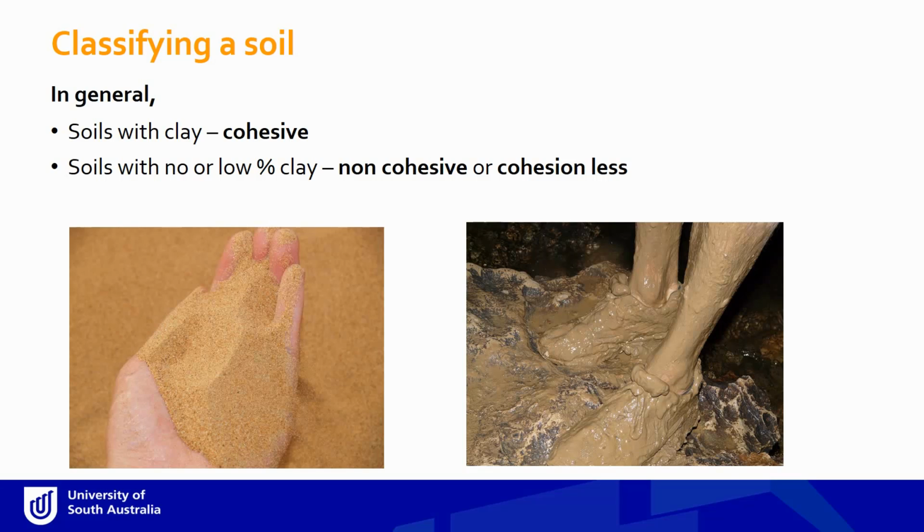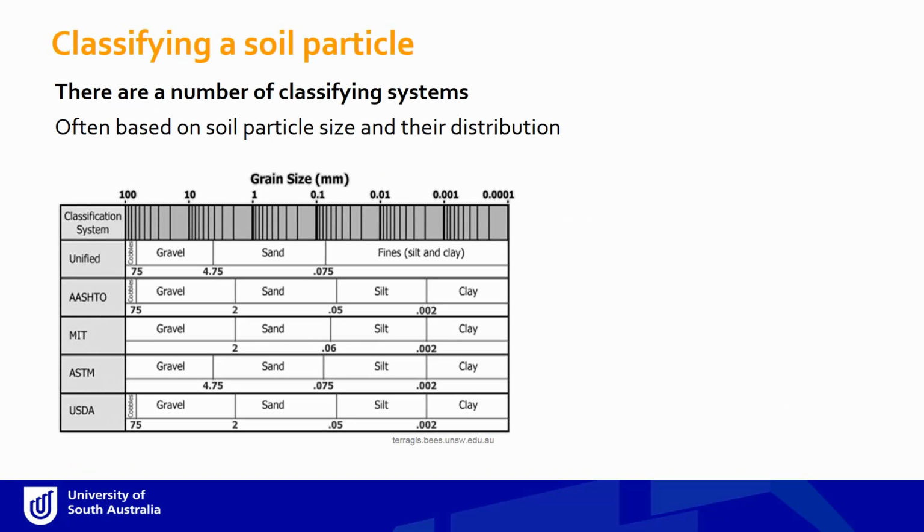Now before moving into deeper areas of soil classification, let's have a quick look at how we classify a soil particle itself. Soil particles are classified depending on their particle size. So if we have a soil particle within the size between 75 and 4.75 millimeter, we call it a gravel.